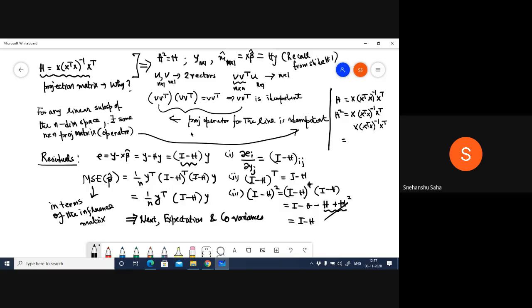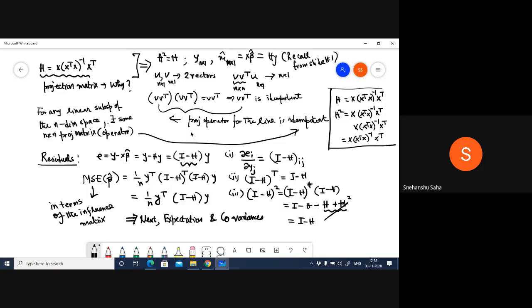What will happen is that this X transpose and X will cancel out, and you can bring this X transpose inside and do some simple algebra, and you will be able to recover X (X transpose X) inverse X transpose.